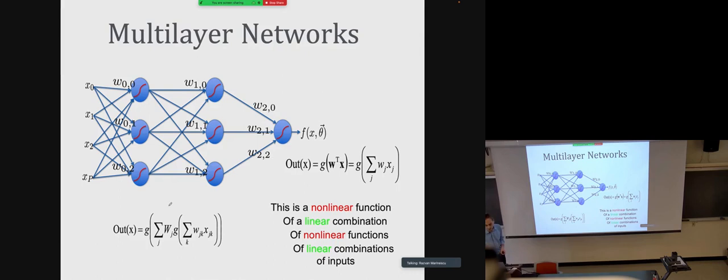So the output of this whole network looks like G of a sum over neurons J, and then another G of another sum, and so on. So basically, it's many composed transformations. The linear combinations are just the weights multiplied by X. The nonlinearity is given by G.